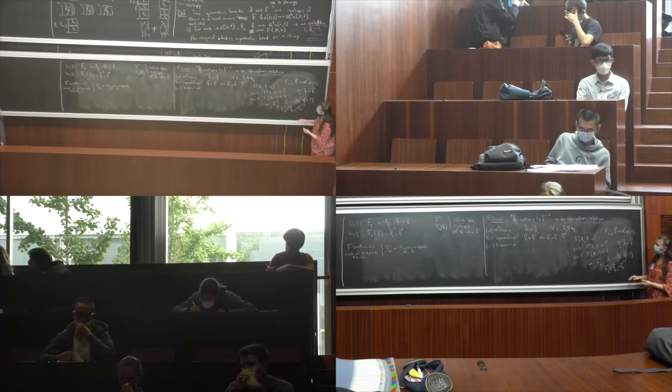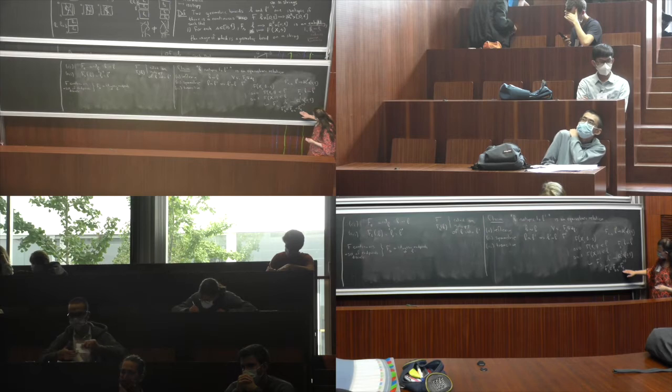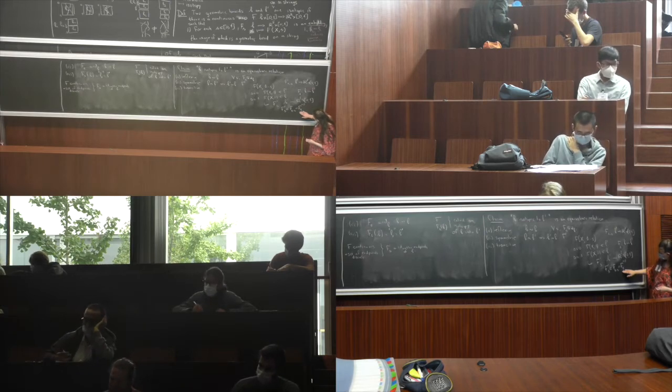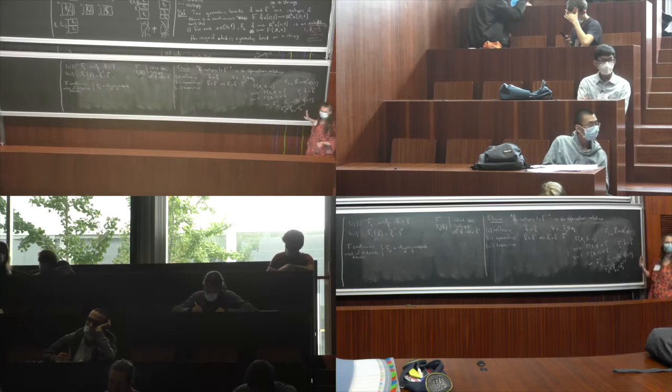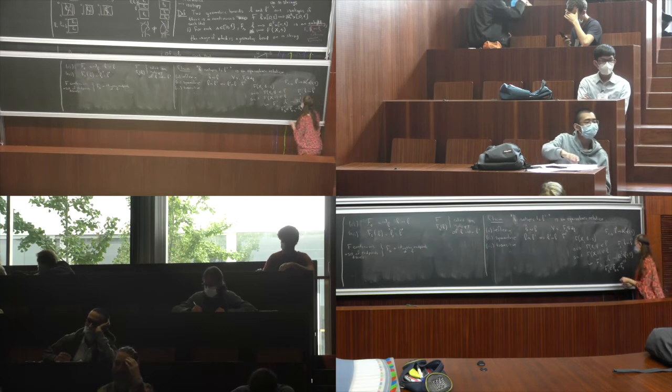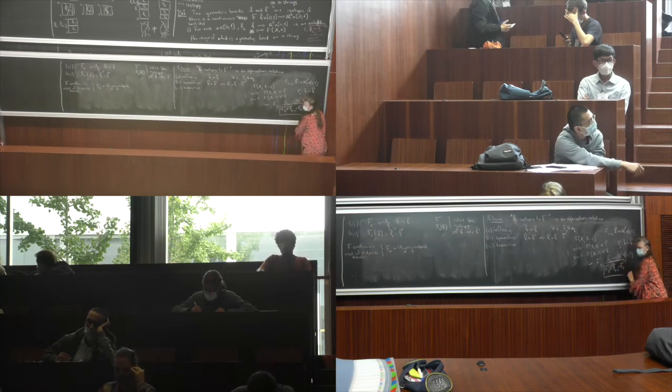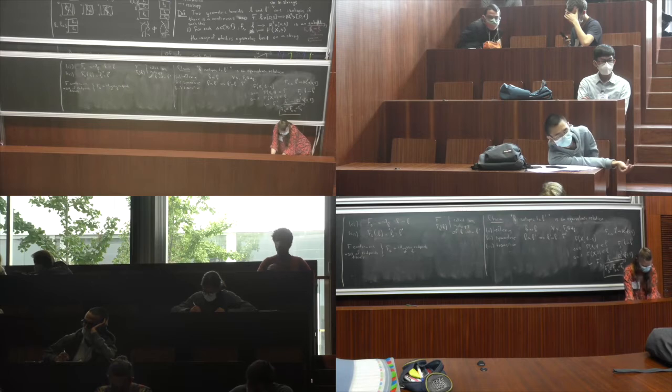And then you should have the identity for s equals 0. You have B for s equal 1. And all should be checked. But you can do the details.